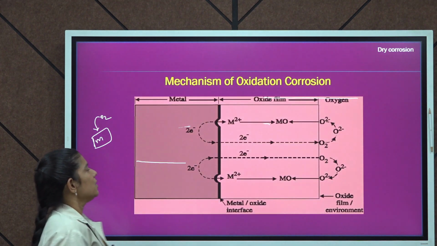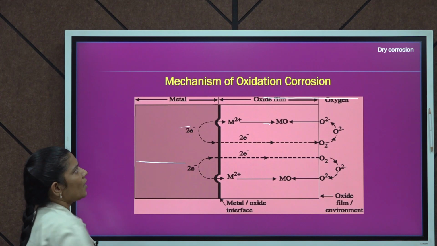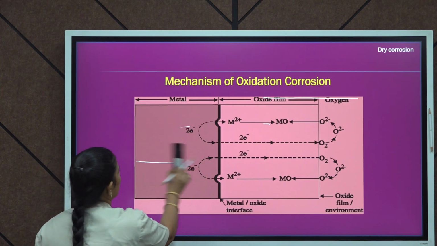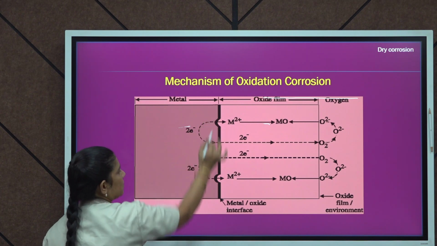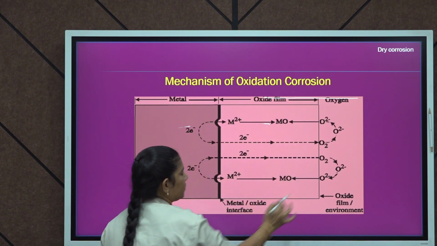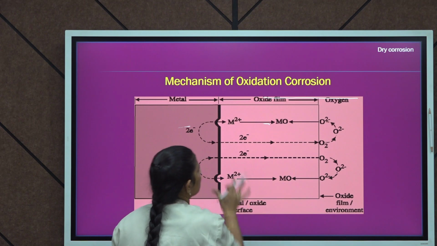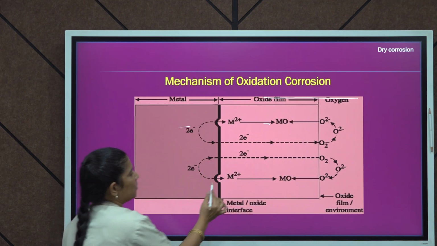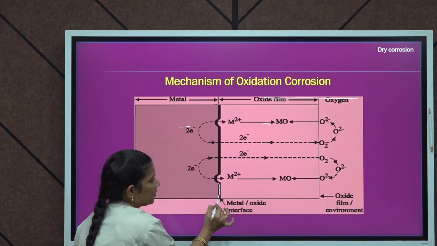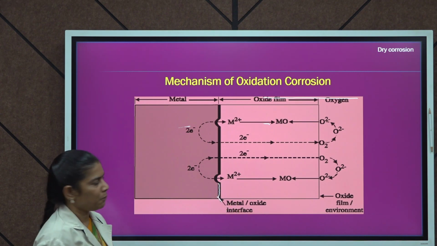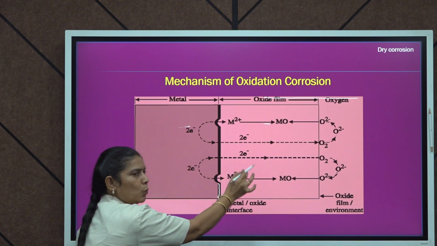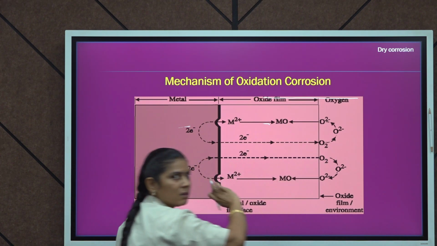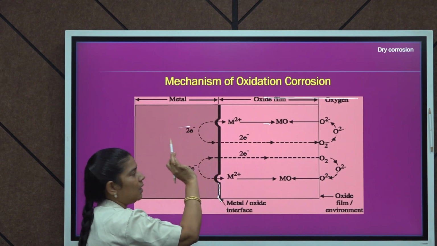And see the mechanism of oxidation corrosion. Look at the picture. This is a metal surface, and this portion is exposed to the environment. This line is the metal oxide interface line. The metal is exposed to the environment and reacts with the oxygen present in the air.